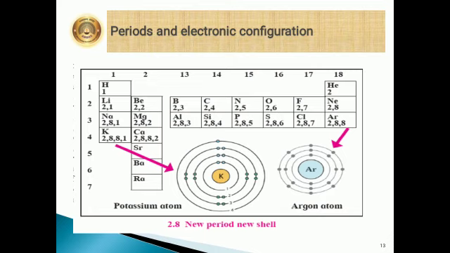Boron 2 and 3. Carbon 2 and 4. Nitrogen 2 and 5. Oxygen 2 and 6. Fluorine 2 and 7. Neon 2 and 8. So if you observe from left to right, from lithium to neon, everywhere 1 electron is being added in the shell.